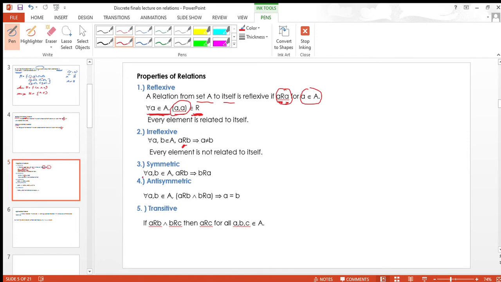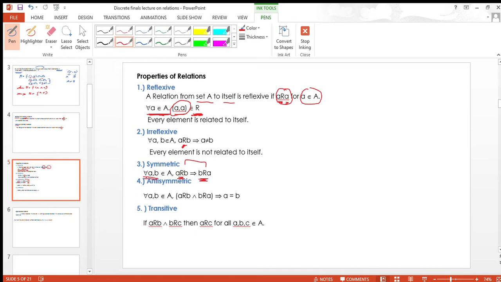Then for the symmetric property, this time you get two elements. Okay, you get any two elements in your set A. Apply your relation aRb. This must imply that b is related to a as well. In other words, you must get the same result here. Now, for the antisymmetric, for all a, b, okay?